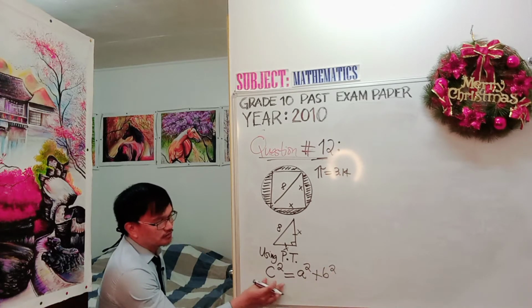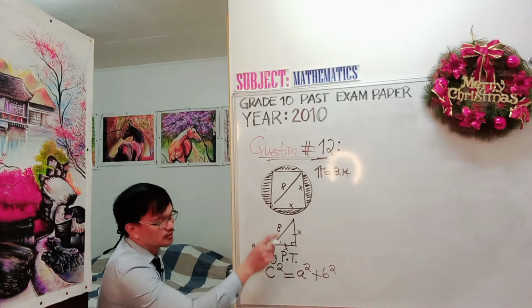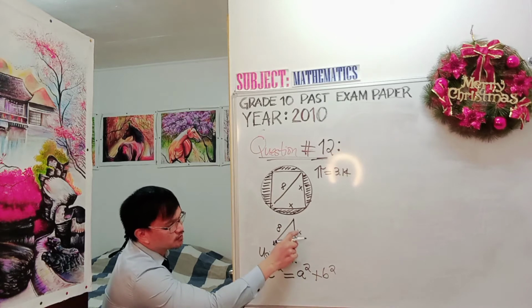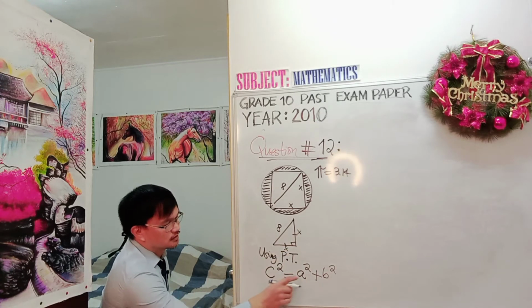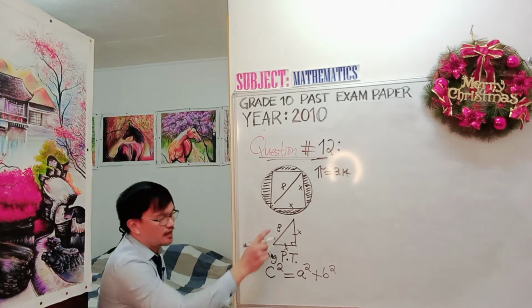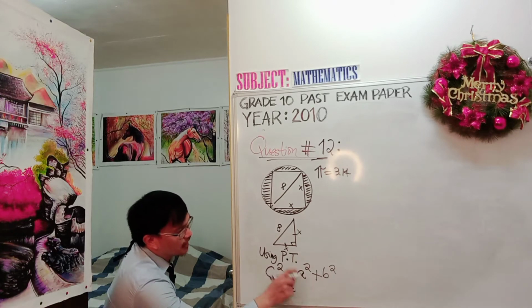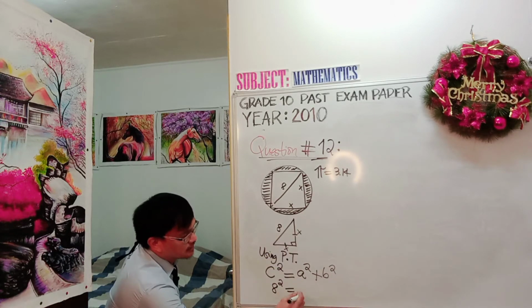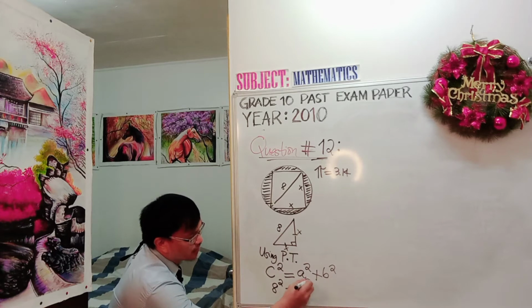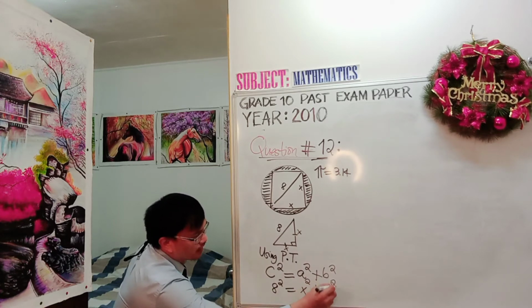C is for the hypotenuse, A and B are for the other two sides. So we substitute: the hypotenuse is 8. So that would now be 8 square equals, our part A is x square plus another x square.